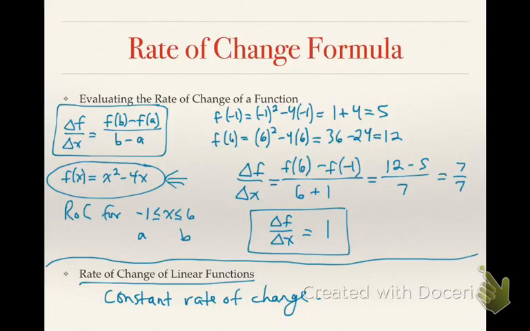For any other type of function, absolute value, square root, radical, polynomial, trig functions, you're going to have different rates of change for different intervals. If I were to evaluate my example over some interval other than -1 to 6, maybe 0 to 6, I would have had something like 12 over 6, which is different than 1. Pause the video, write down anything you need to before going on to the next slide.